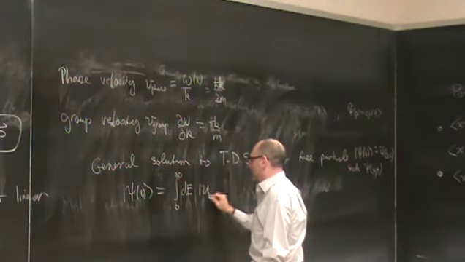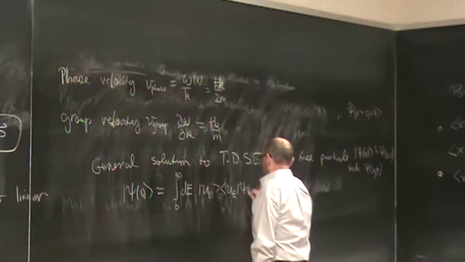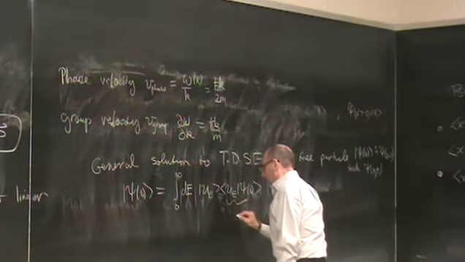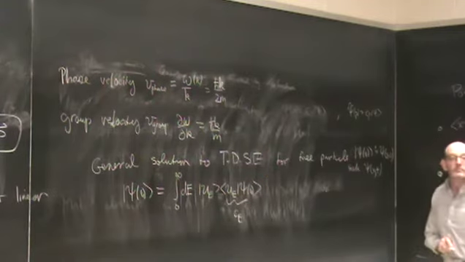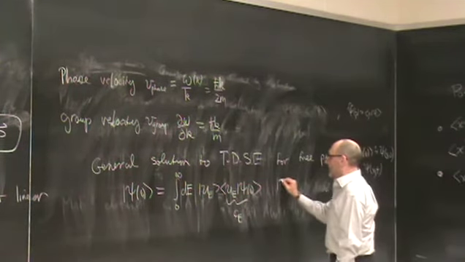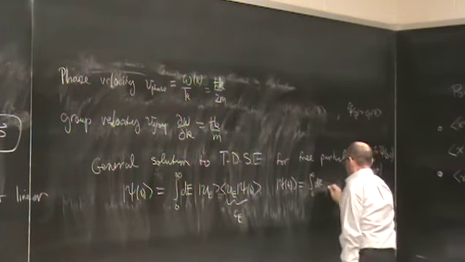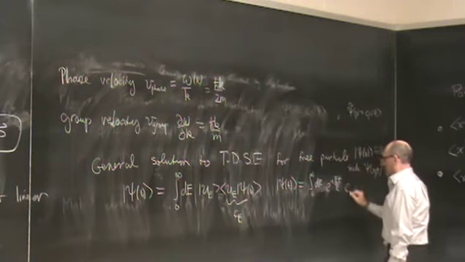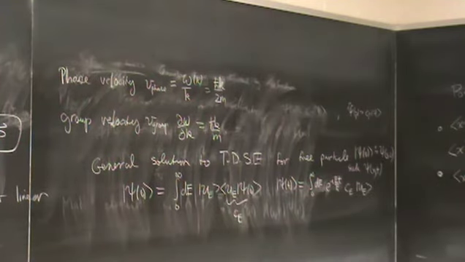I'll call this coefficient C sub p. And so my state at any later time is just that. Is that clear?